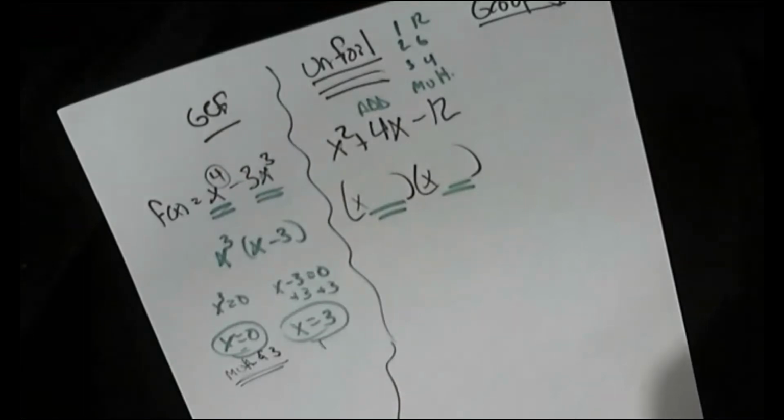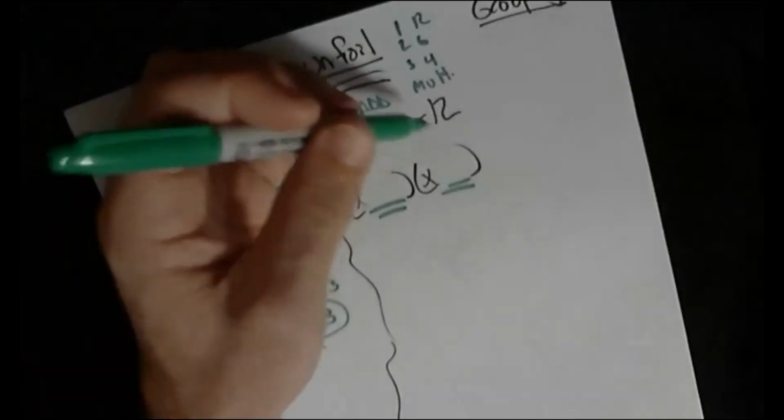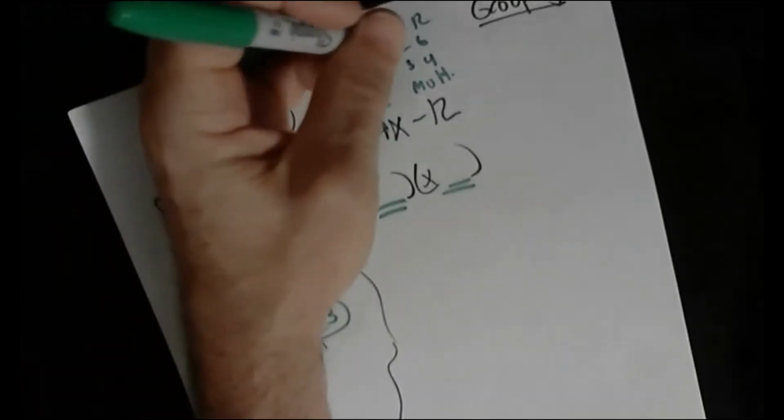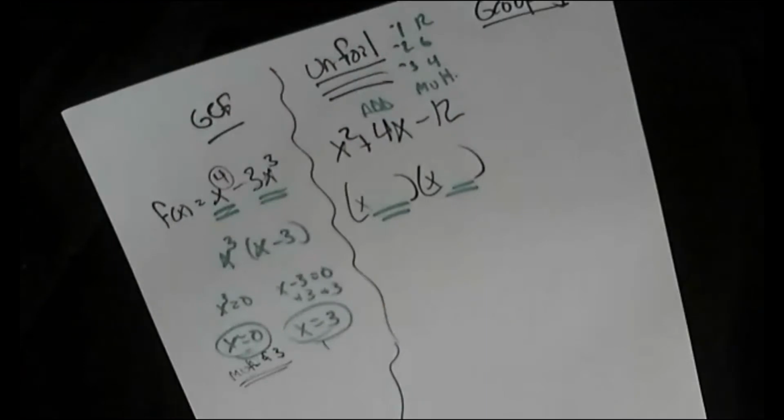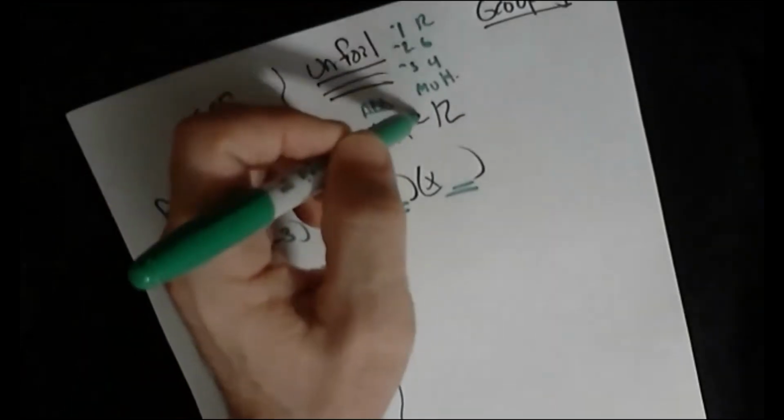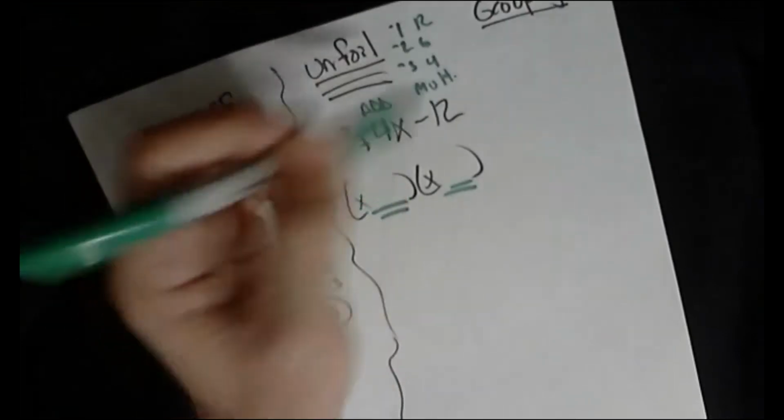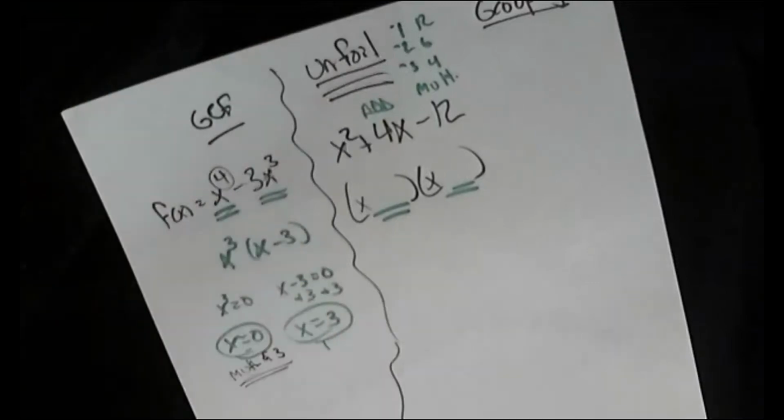And that's pretty much it, not counting fractions, but we're just dealing with whole numbers here. And to be a -12, I need one of these numbers to be negative. So -1 and +12 gives me a -12, -2 and +6, -3 and 4. Now I could have made these negative, it wouldn't matter. I just picked the ones on the left.